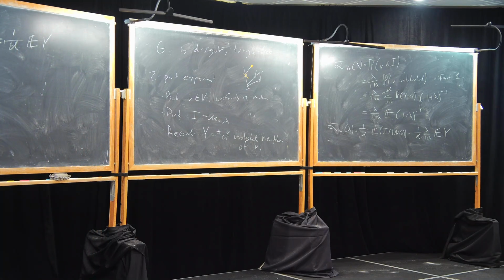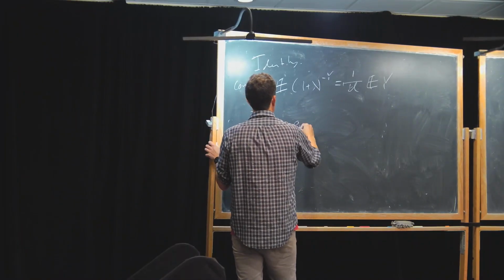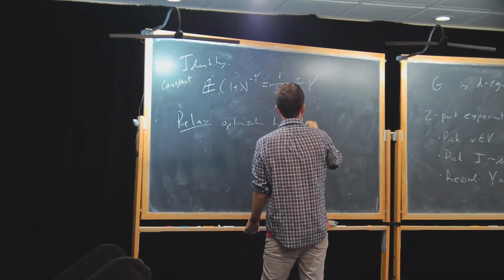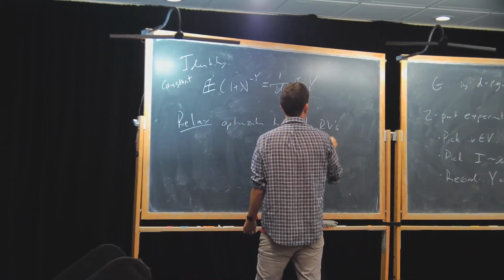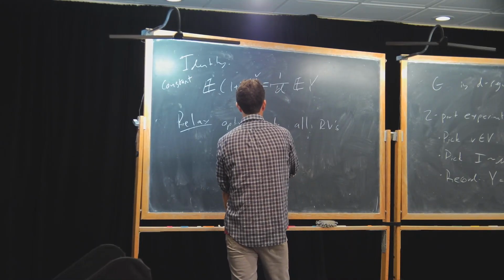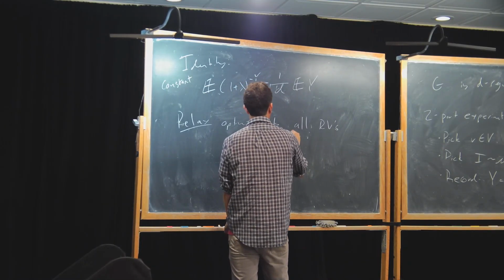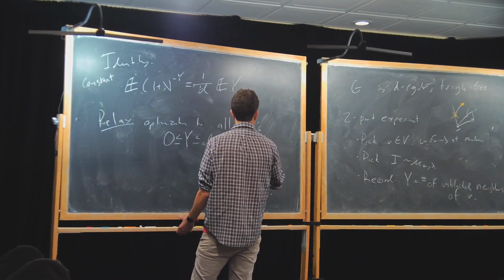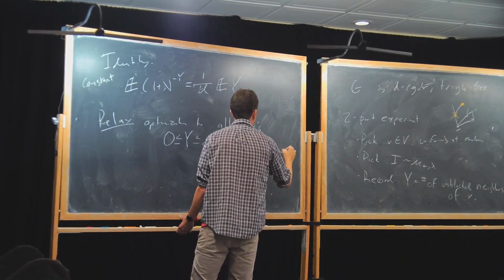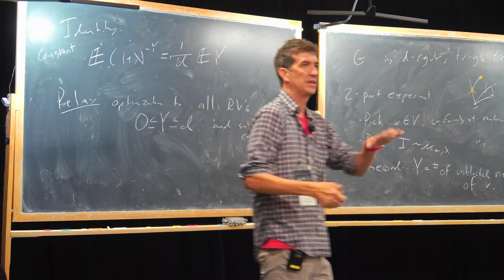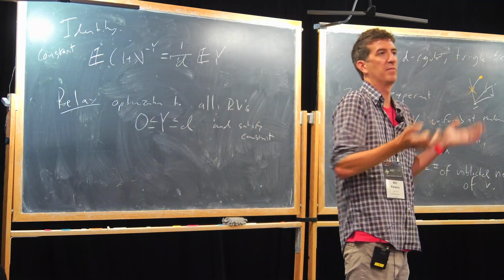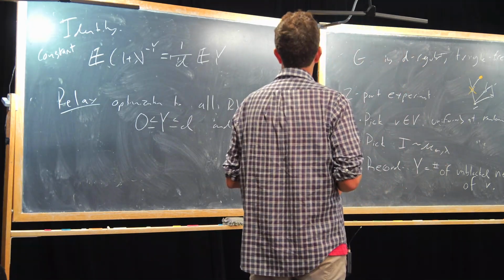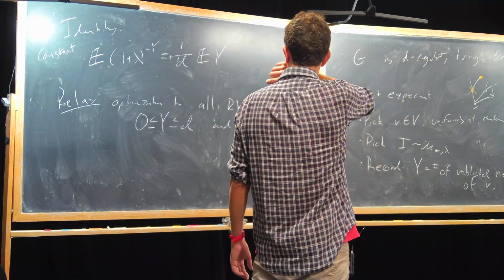We'll relax the optimization problem to all random variables y that are bounded between 0 and d and satisfy the constraint. Not all random variables y that have this property come from a graph, but that's fine, as we just want upper and lower bounds.